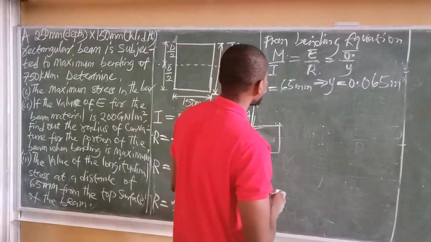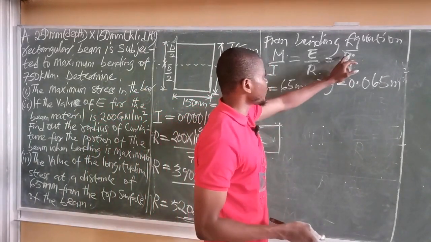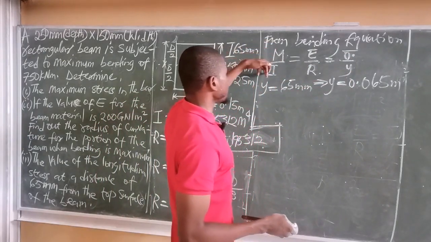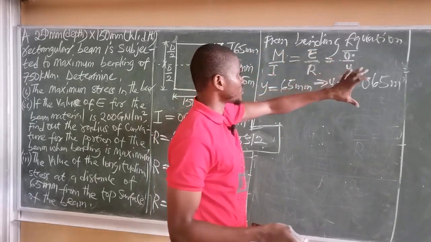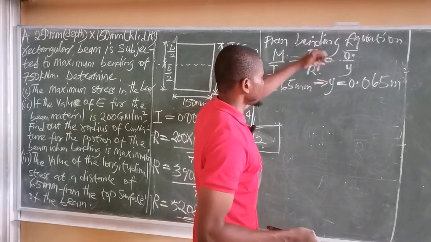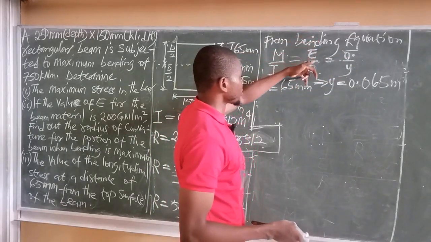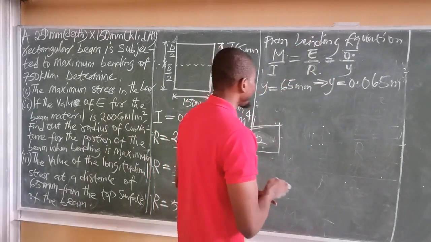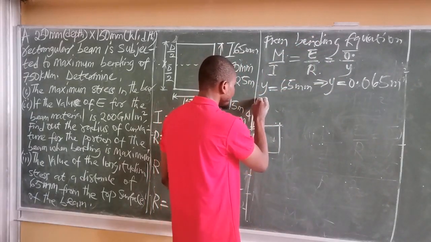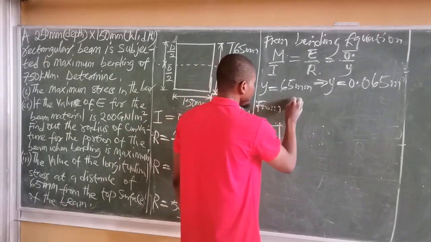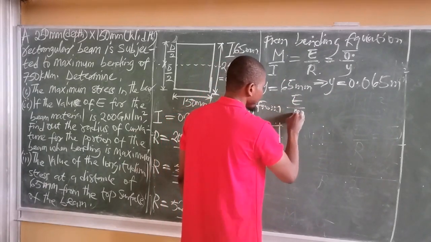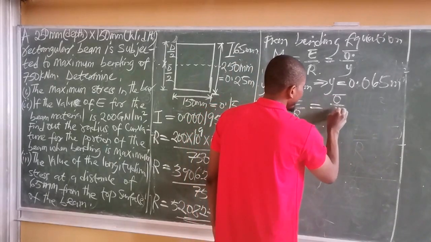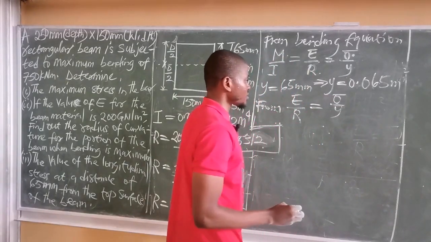Of course, we are looking for the stress. We know the moment and we know our moment of inertia, so we can use any of the equations. We can as well relate these two, since we know Young's modulus and we know the radius of curvature now. So let's simply use this and this. From E over R, Young's modulus over radius of curvature equals stress over Y. We simply make stress the subject.